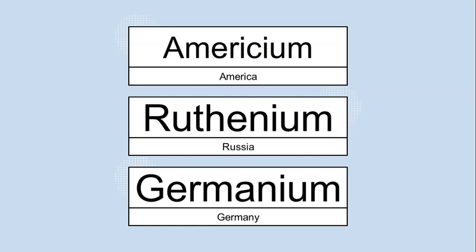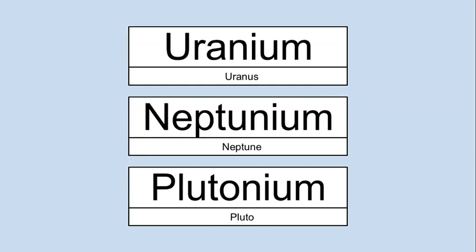Americium is for America, and its symbol is Am. Ruthenium is of Russia, it's Ru. Germanium is Germany, Ge.